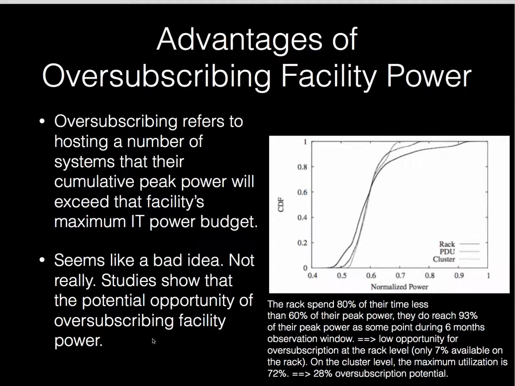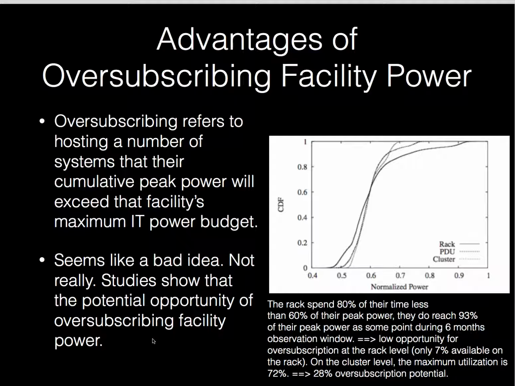I don't want to start an economy discussion here, but essentially I want you to get familiar with the oversubscribing function, where you are hosting a number of systems whose cumulative peak power will exceed whatever you have.